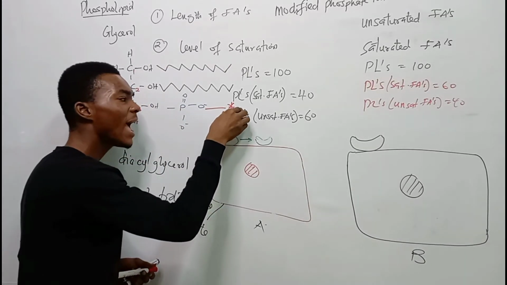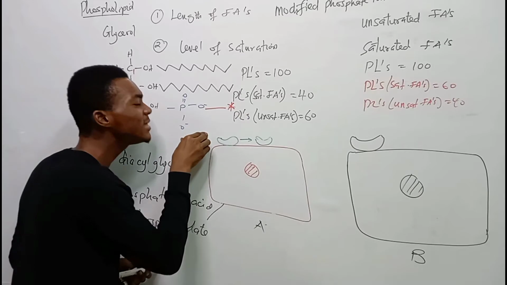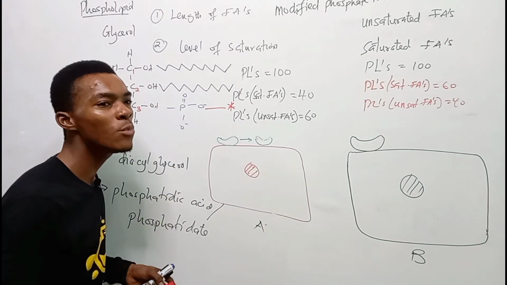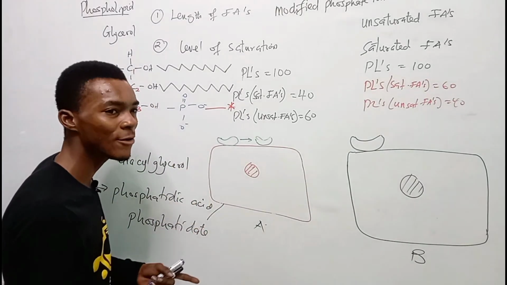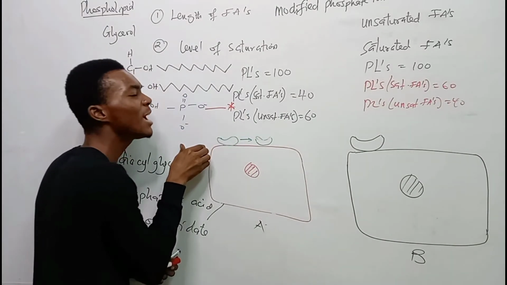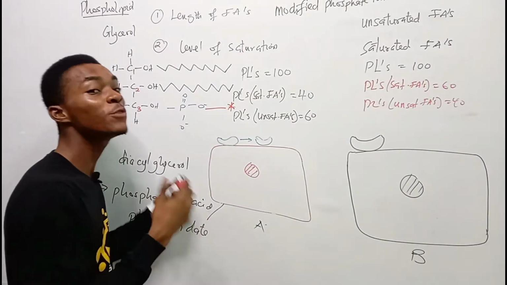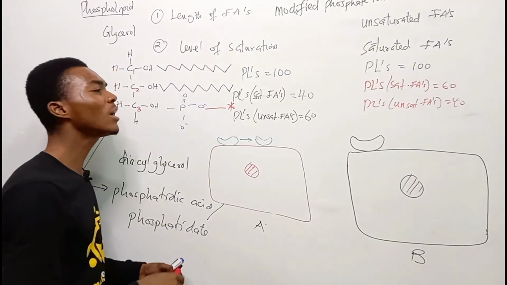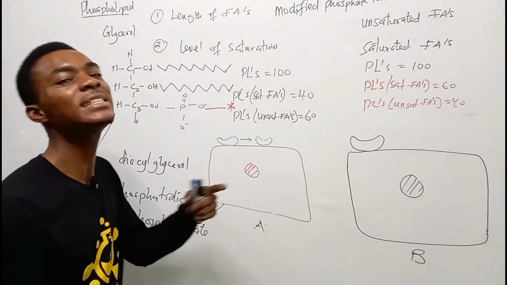But when this extra molecule modifies our phosphate ion, that is where we have the different types of phospholipids. So the molecule that will bind to our phosphate ion to modify it will determine the type of phospholipid that we are talking about. We will talk about the types of phospholipids later in our lecture.